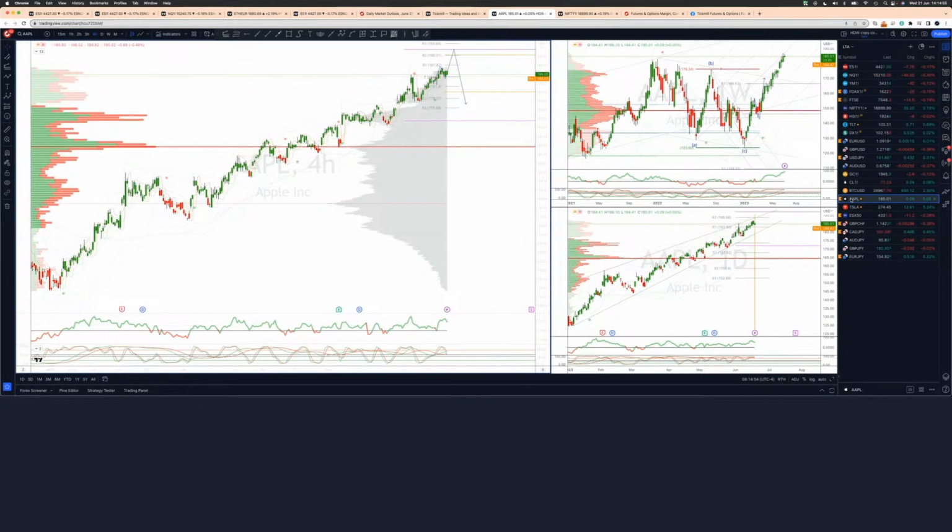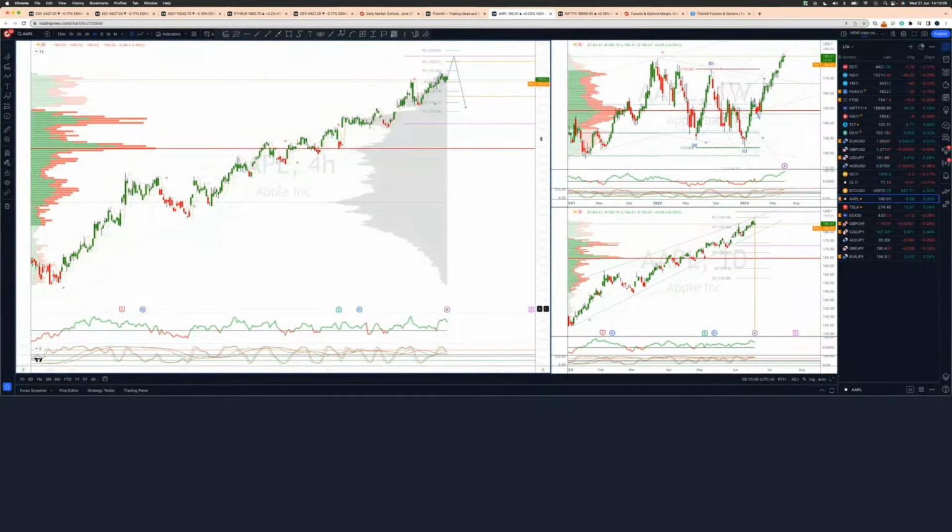Apple, I am looking for us to test into weekly and monthly projected range resistance, just below 192, and the 190 handle. As long as we don't make new highs in terms of momentum, I'm going to be looking to fade that move initially and looking for a pullback into the value area high here in terms of this structure at 176 for Apple.